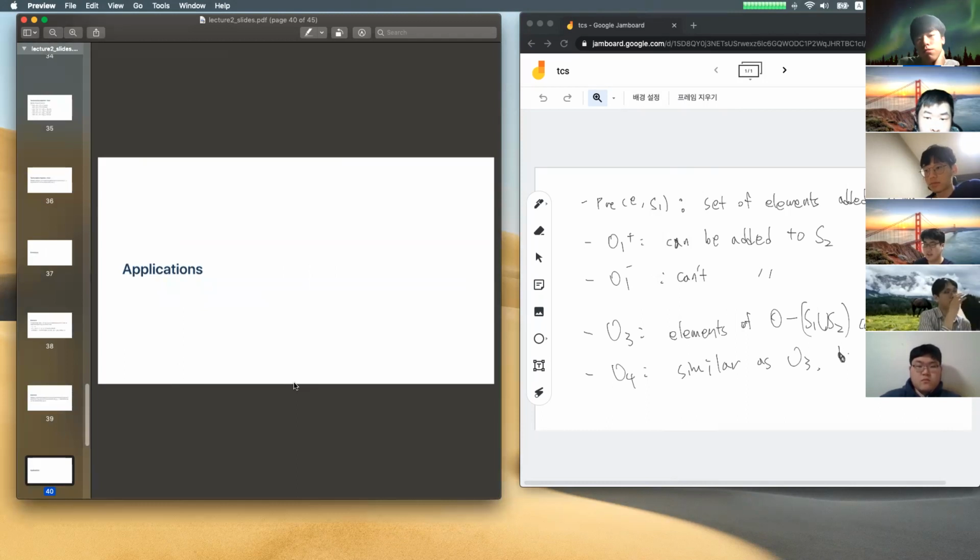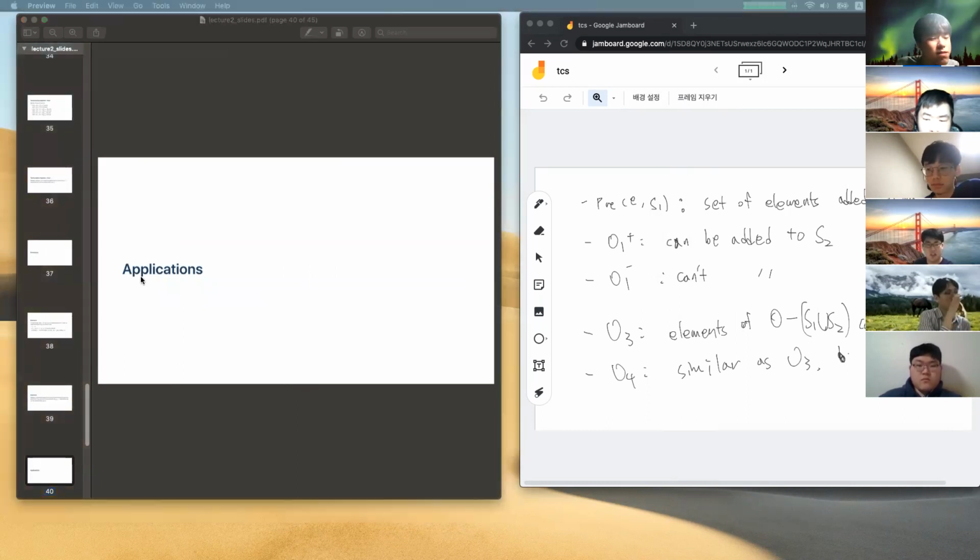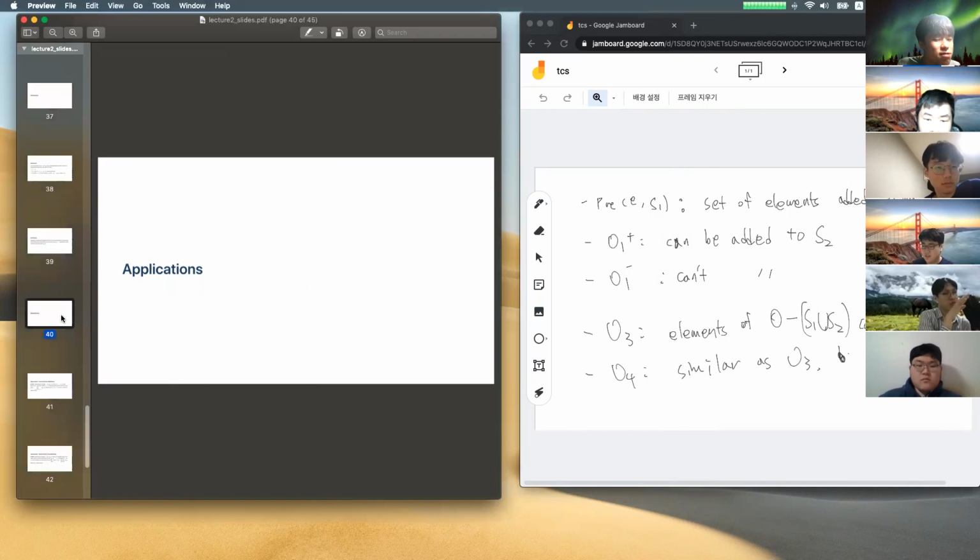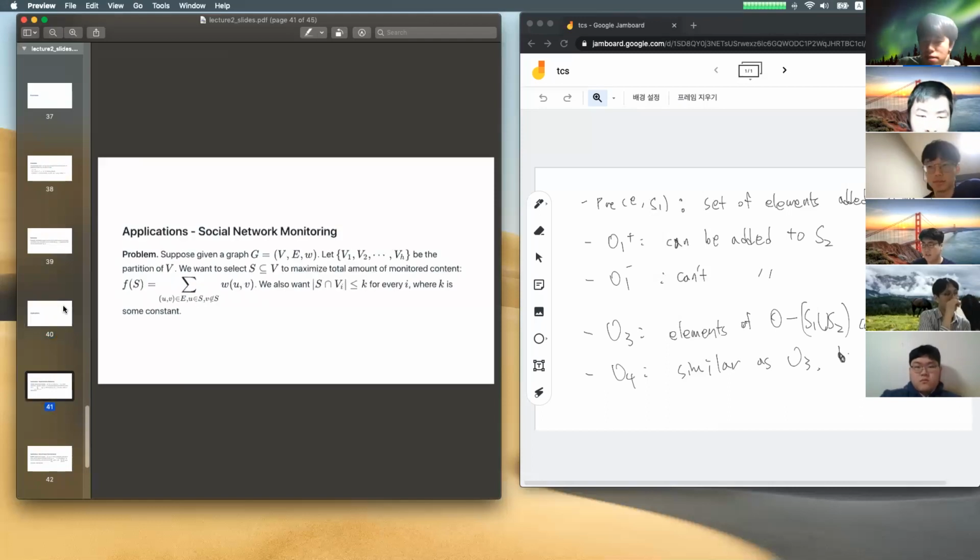And there are some applications of the algorithm of the paper. The first one is the social network monitoring problem.